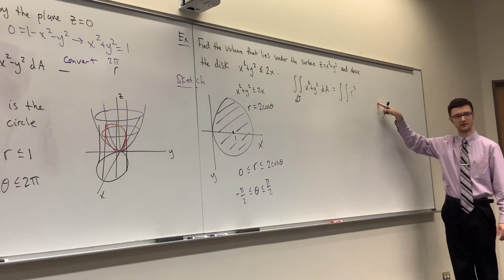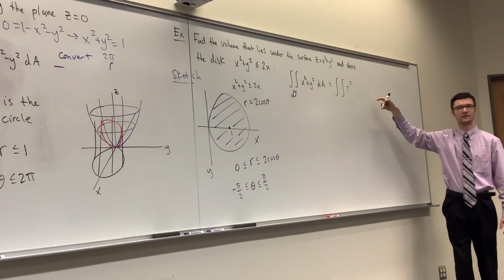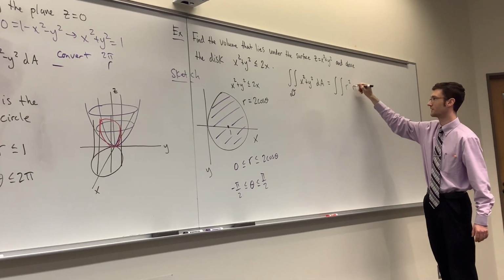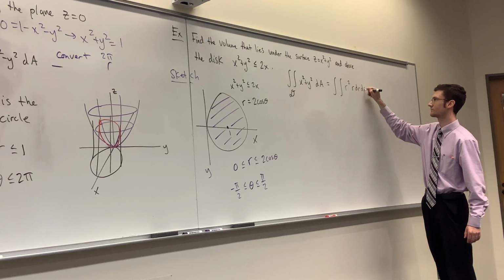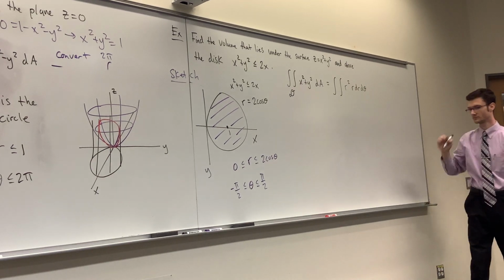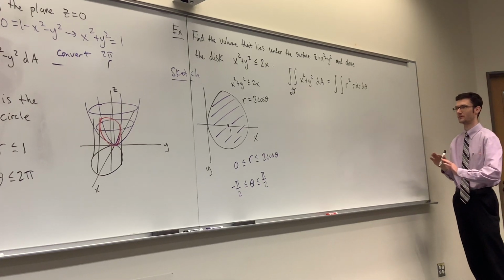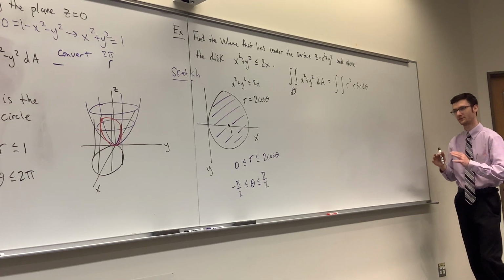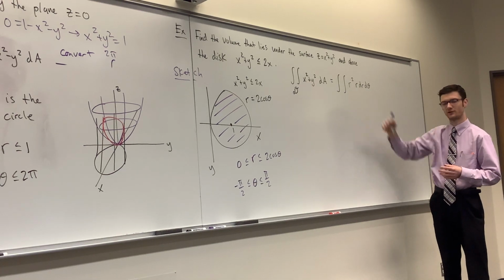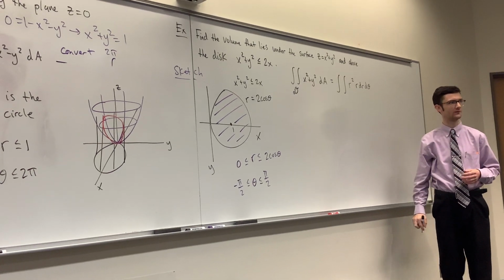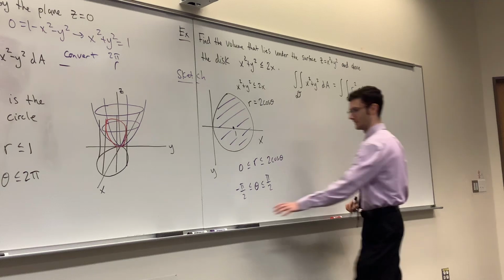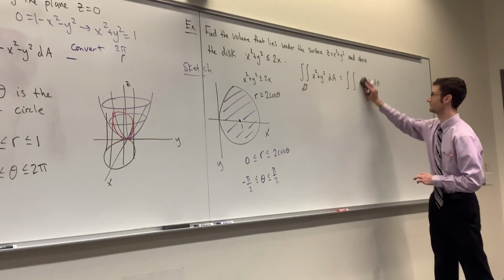What's my polar area element? Yeah, r d theta goes here. Let's not write another line. r squared times r is r cubed, so let's write r cubed here.